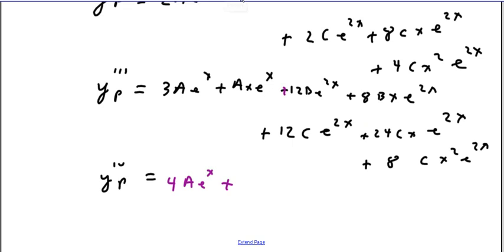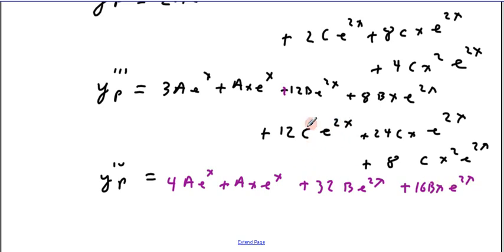Oh, I forgot a term already. Plus axe to the x plus 32b e to the 2x. And then I'm going to have plus 16bx e to the 2x.